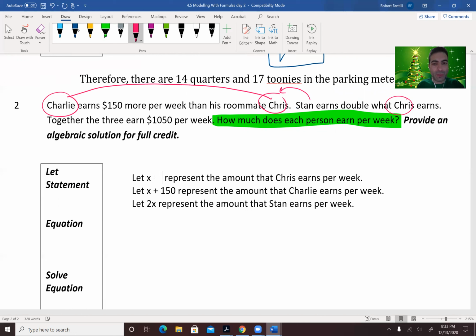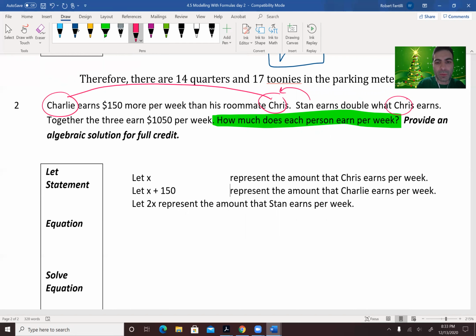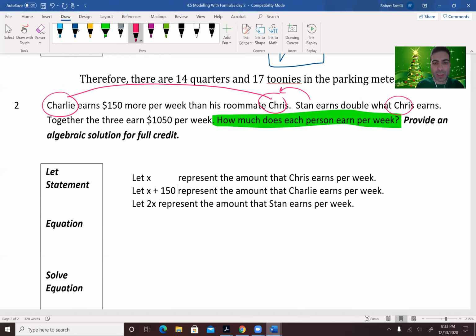And I like to do this sometimes to make life a little easier, just to help some guys understand what's going on. Okay, so if I line those up, X is this guy, X plus 150, and 2X.